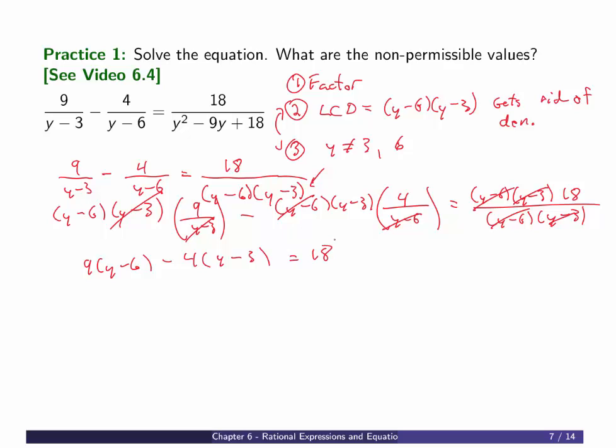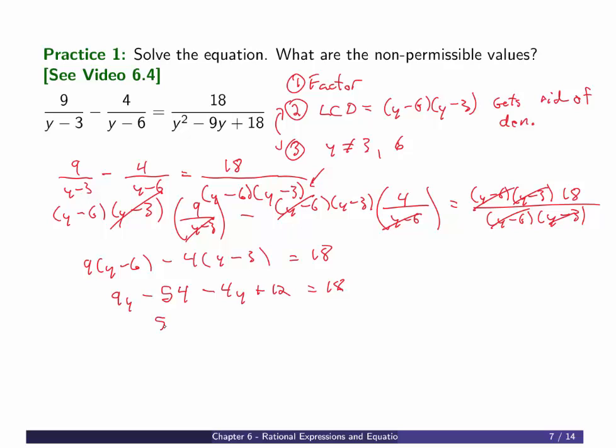So you can see it went from being a really confusing question to a really simple question, because all we're going to do here is distribute. So 9 times 6 is 54. Minus 4y plus 12 equals 18. Now we are going to collect like terms.